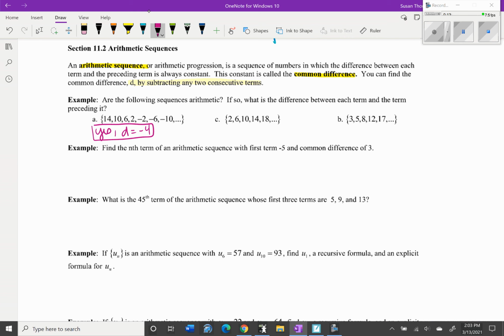If we subtract 6 minus 2, 10 minus 6, 14 minus 10, 18 minus 14, we get the common difference is 4. So yes, common difference equals 4. And for the last one, if we subtract 5 minus 3, 8 minus 5, 12 minus 8, 17 minus 12, you'll notice that you're not going to get the same common difference, so this is not arithmetic.